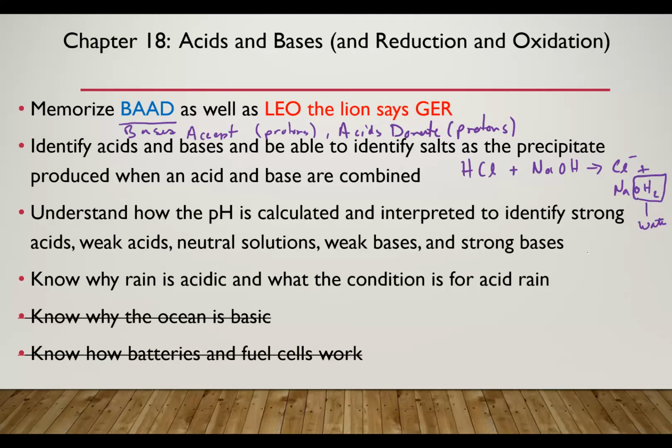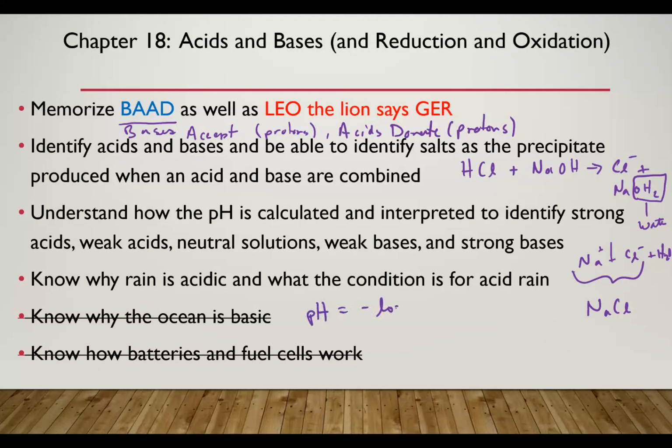And so what I end up with is Na plus Cl plus H2O. And then the sodium and chlorine, if I have a saturated solution, they will precipitate out, giving me a solid salt.